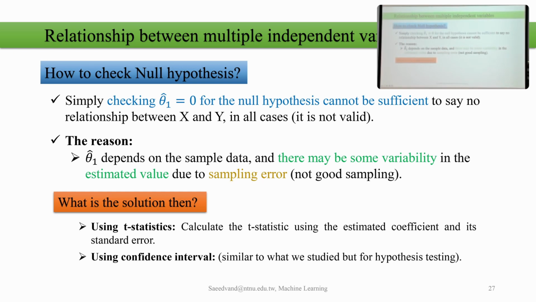For example, if the data was here and the sample was, let me use another color, if I use only this sampling, you see between x and y there is no relationship. But actually you did bad sampling. There is a relationship. Because of that, we need to find some solutions.